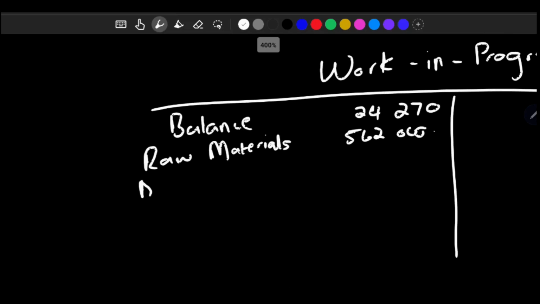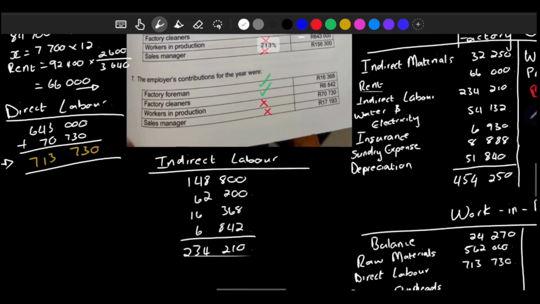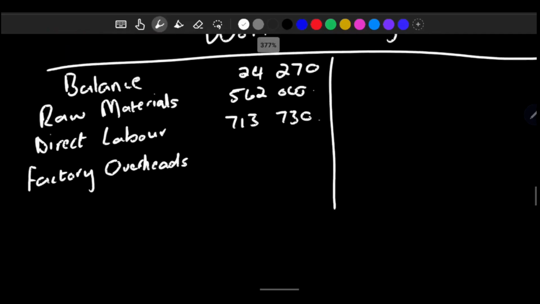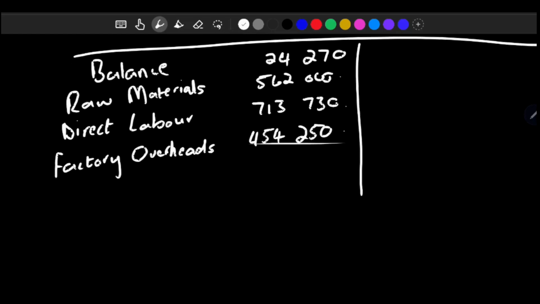So direct labor, 713,730. And finally we have our factory overheads, right? Factory overheads, where is it now? 454,250, right?